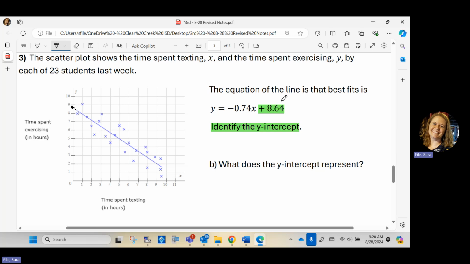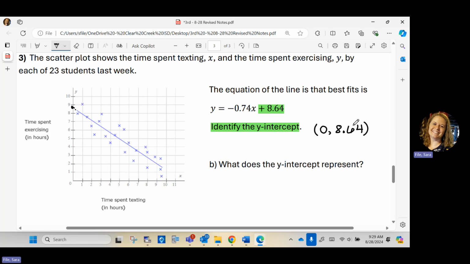A y-intercept is where you cross the y-axis, right? If I am on the y-axis, what is my x value? If I'm plotting this point here, what are the actual coordinates of the point? The x is 0, isn't it? You went over 0 and then up 8.64.